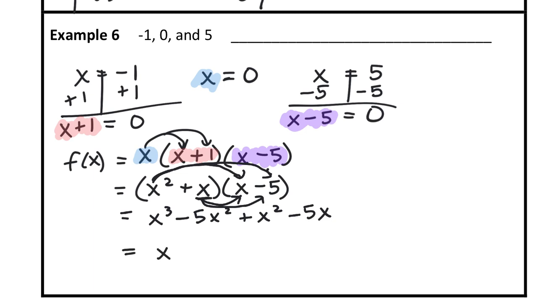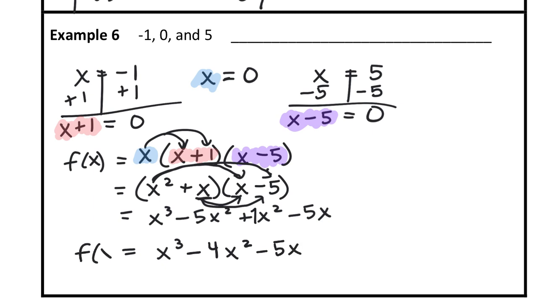So one more step, combine like terms. What's negative 5x squared plus x squared? Negative 5 plus 1 is negative 4x squared. Then minus 5x.